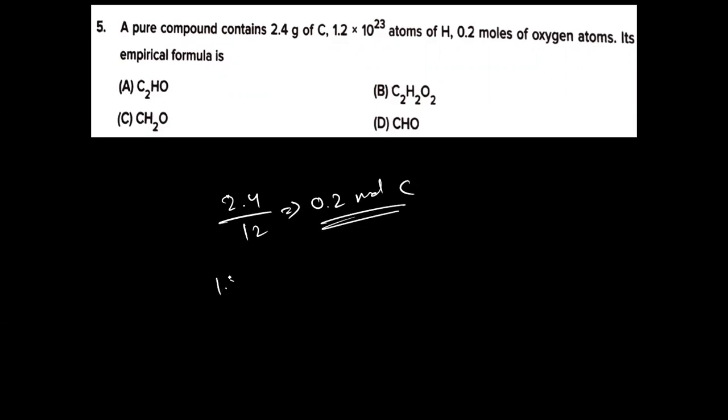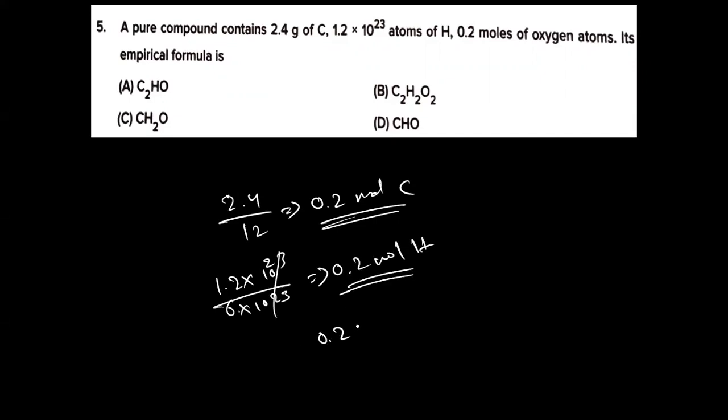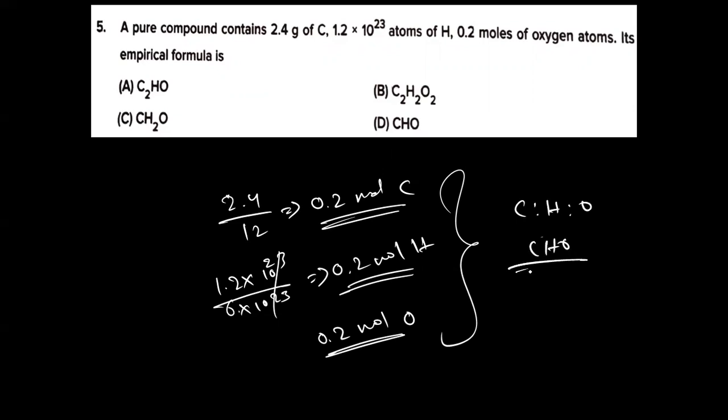Then hydrogen they have given number of atoms 1.2 into 10 power 23 divided by Avogadro number 6 into 10 power 23, which gives 0.2 mole of hydrogen again. Then they have already given oxygen as 0.2 moles only. Then all those carbon, hydrogen and oxygen are present in simple whole number ratio already, so its empirical formula will be CHO. That is option D.